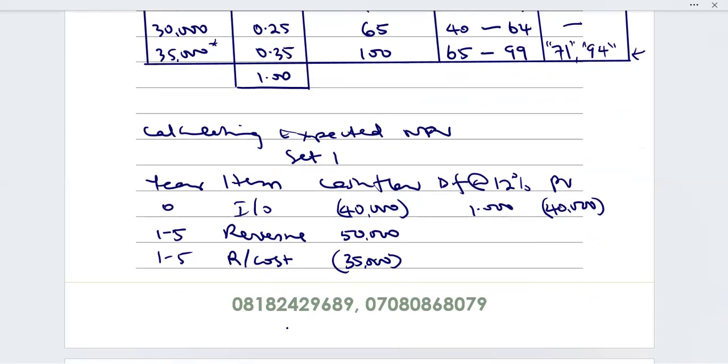Okay, this is 3.605. So let's multiply 50,000 multiplied by 3.605 equals 180,250. Then 35,000 multiplied by 3.605 equals 126,175.